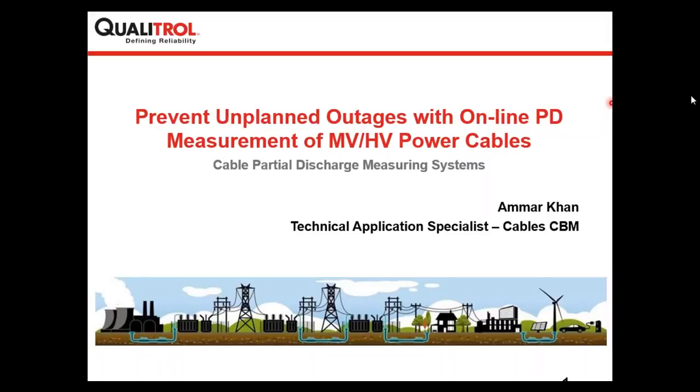If internal partial discharges keep on happening in the cable insulation, it will lead to electrical trees. So for online partial discharge measurement, the two most important types of partial discharges in power cables are internal partial discharges and surface discharges.